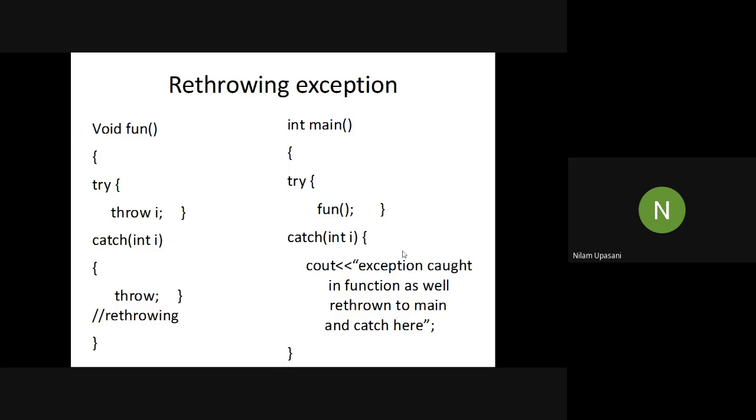ये main का जो catch है, it will not be executed if you don't have this throw statement over here. तो rethrowing नहीं होगी इस case में. Okay, if you are not explicitly saying this, because this particular exception is already handled here in the function, and if this throw is not there, it will just resume the next execution. मतलब इसके बाद जो भी statements है वो सारा execute होगा.